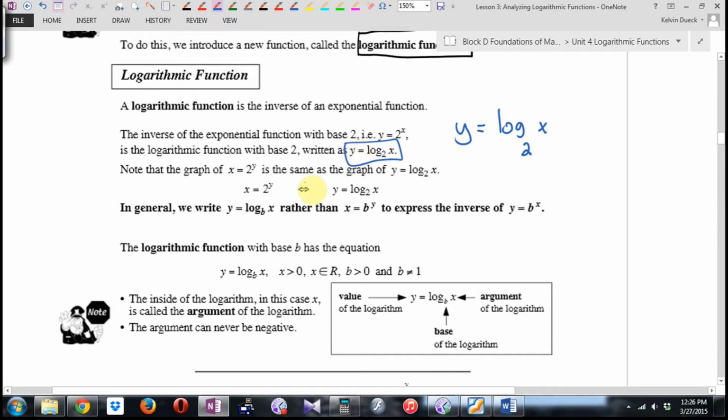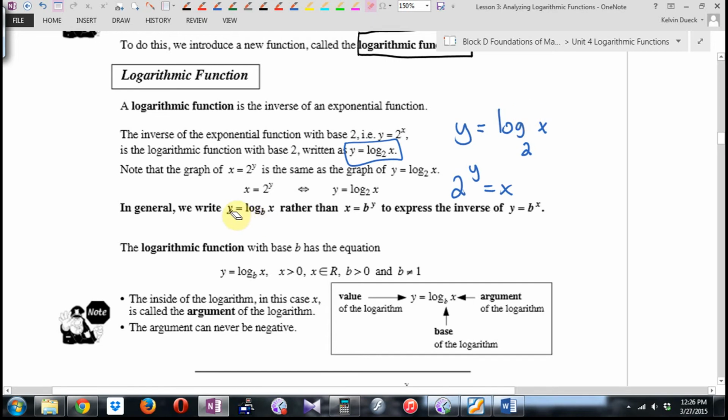As soon as you know this, you also know that y equals 2 to the x. One implies the other. As soon as you know this, you also know that. They mean the same thing. This is the inverse that we wanted, but this is how we write it.